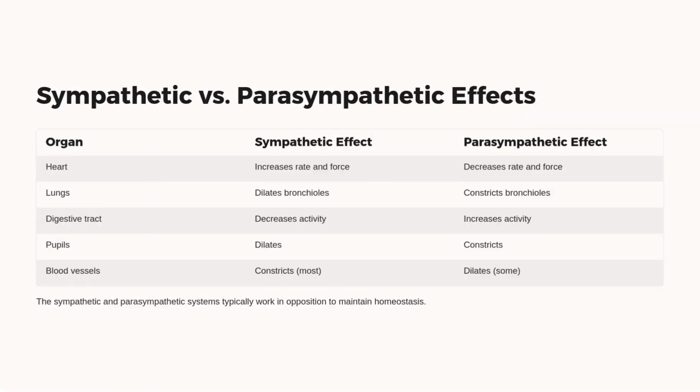Sympathetic versus parasympathetic effects. Organ. Sympathetic effect. Parasympathetic effect. Heart. Increases rate and force, decreases rate and force. Lungs. Dilates bronchioles. Constricts bronchioles. Digestive tract. Decreases activity.